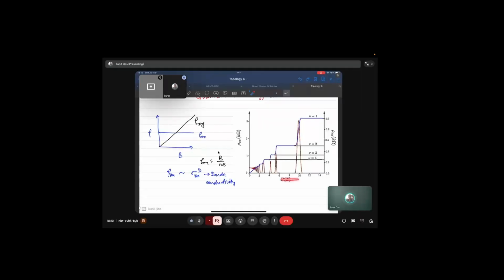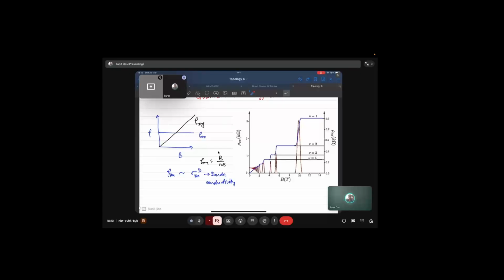These are pretty high magnetic field values, 10 Tesla, 12 Tesla is a very high magnetic field value, and there are more well resolved plateaus that you can see. So that's the behavior of the transverse resistivity or the Hall resistivity in simple words.